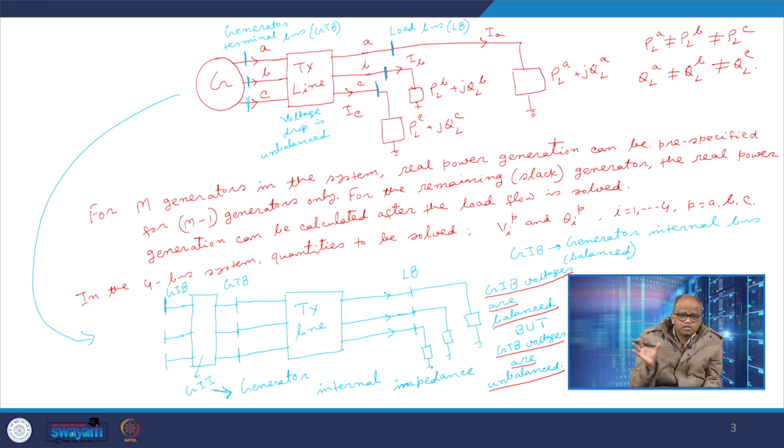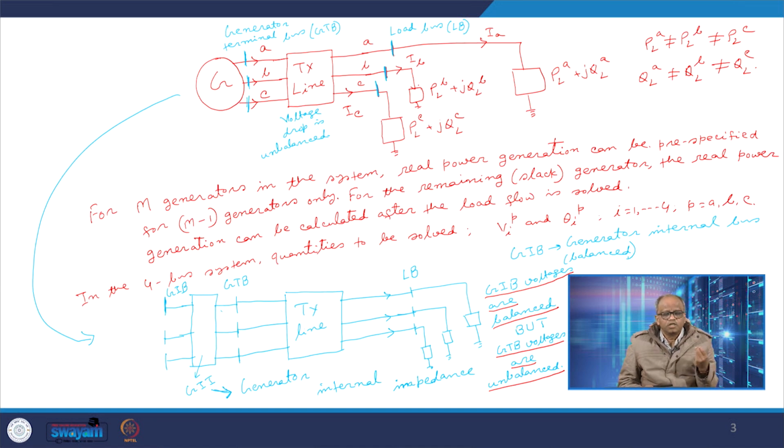So then therefore what happens for this two bus system? The load bus remains the same, but every generator is actually represented by two sets of buses. One is the actual terminal bus and another is the generator internal bus. The actual terminal bus has its own physical existence.